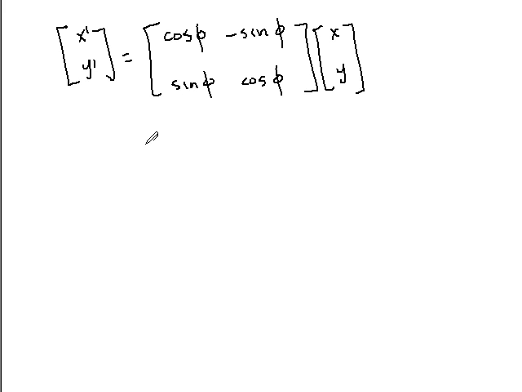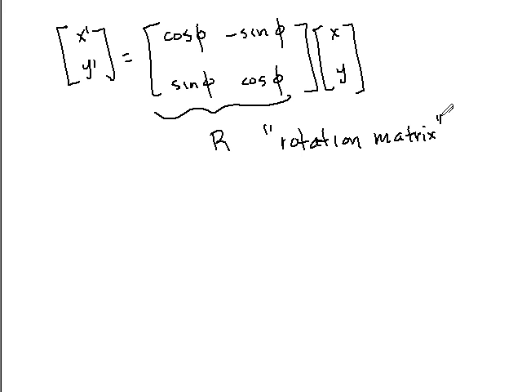Now notice something about this matrix, which we'll call R, the rotation matrix. We got this just from trigonometric identities or the properties of the complex variable. First of all, the rotation has determinant 1, because the determinant is cosine squared minus negative sine squared.